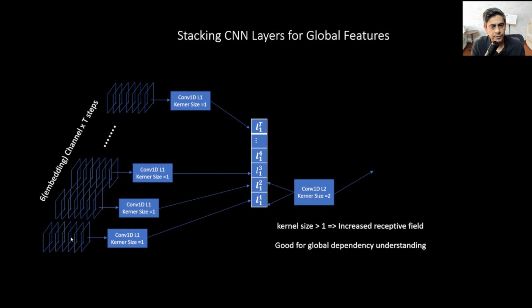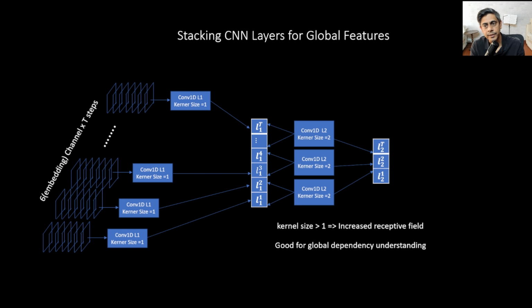So here it captured a fine-grained feature. Here it is able to now understand how the two adjacent features are mapped. And in the next layer, once this creates a feature map, we can add one more stack of layer, which will increase from 2 to 4.